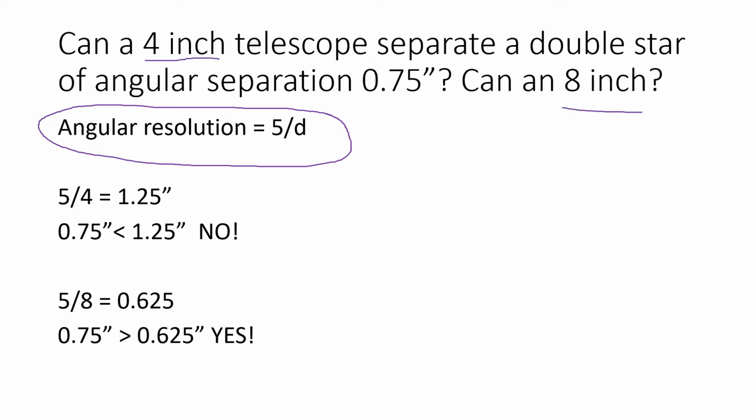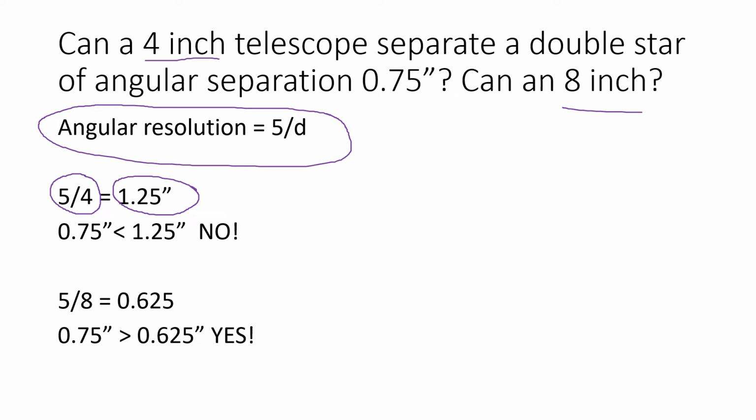So very simple, for the 4-inch telescope, you take the number 5, divide it by 4, and you end up with an angular resolution of 1.25 seconds of arc. This is the smallest angular size that this telescope can see. It can only see things this small and bigger, okay?